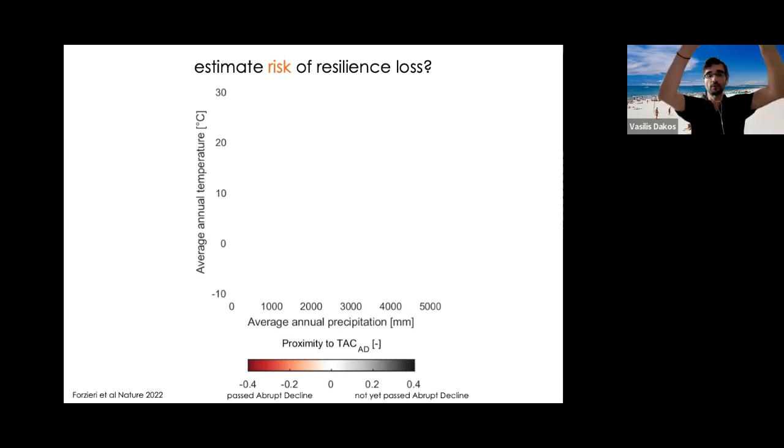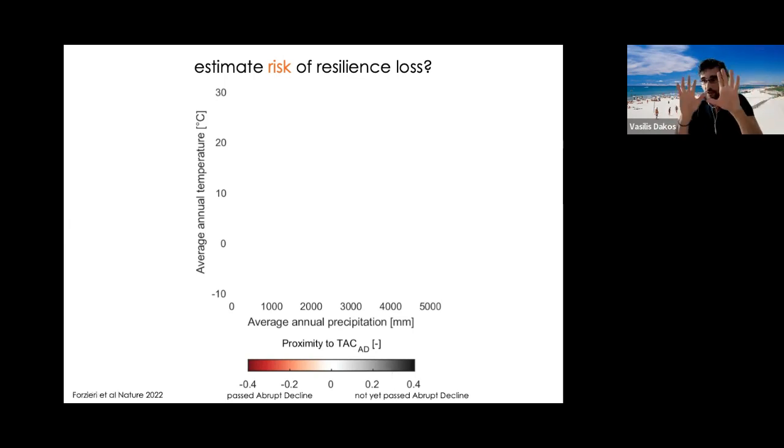So we have a predicted autocorrelation for places that potentially could have an abrupt decline, but we also know their observed values, so we may just estimate the difference. If the difference was negative, that means these places have passed the expected autocorrelation where we would find an abrupt decline. Where this difference was positive, that means we're not yet there.